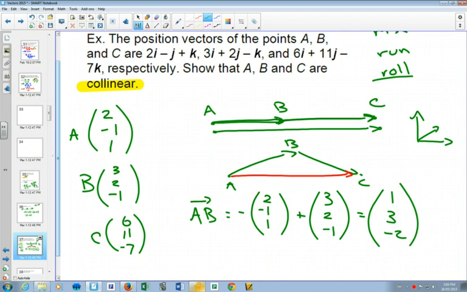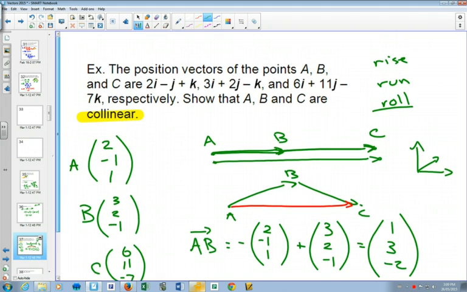That's the direction. It's going 1 in the x direction, so that's our rise. No, we have to change these words. Rise over run over roll. If we're doing the x first, run, what did we figure out?